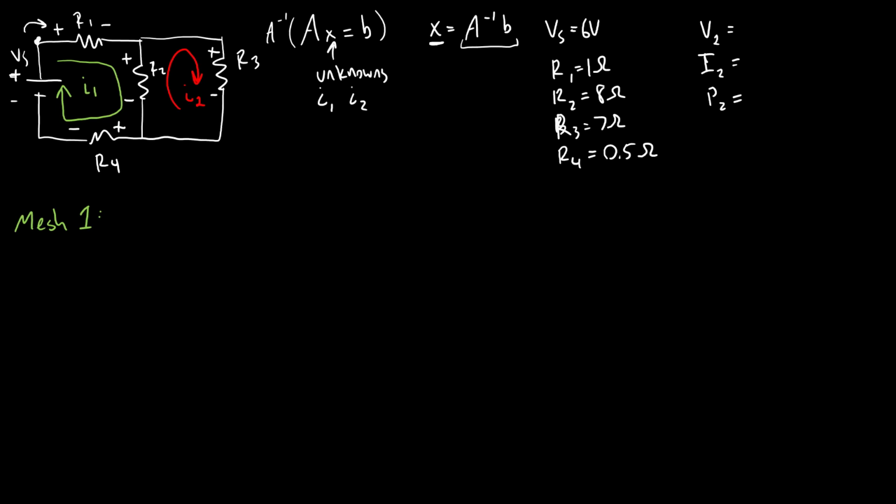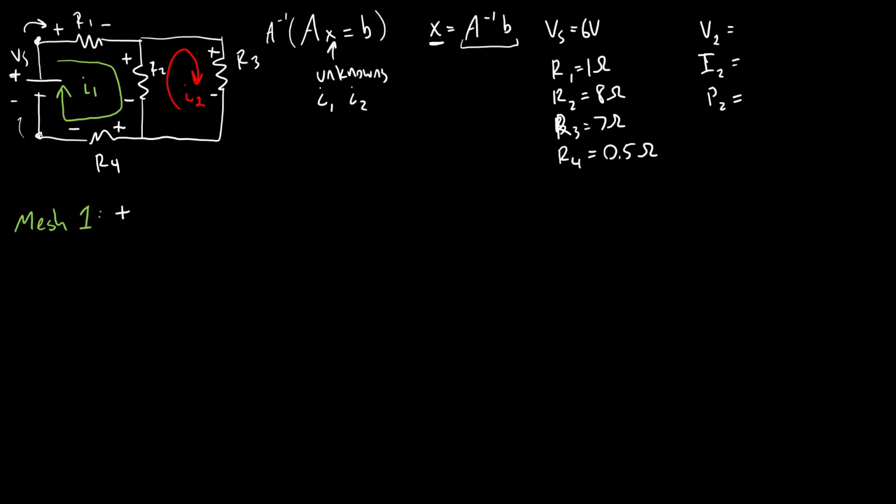I'm going to add a voltage if I encounter a plus sign, and I'm going to subtract a voltage if I encounter a minus sign as I'm going around that loop. You might not want to do that. You might want to, for example, start here and say that batteries add voltage and resistors drop voltage, but at the end of the day, you'll mathematically get the same equation, just with terms on opposite sides. So I'm going to start here.